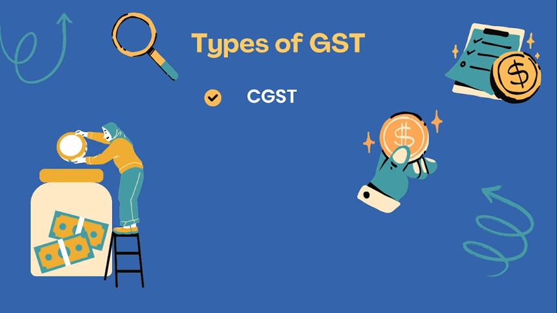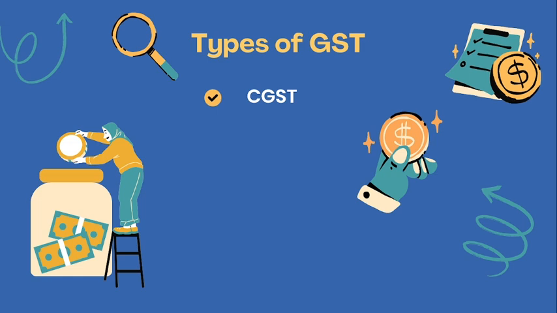The revenue generated from CGST goes to the central government, while SGST or UTGST goes to the respective state or union territory. Both taxes work together to ensure an equal sharing of revenue between the center and the state. For example, when goods are sold within Maharashtra, CGST and SGST are both charged on the same transaction.